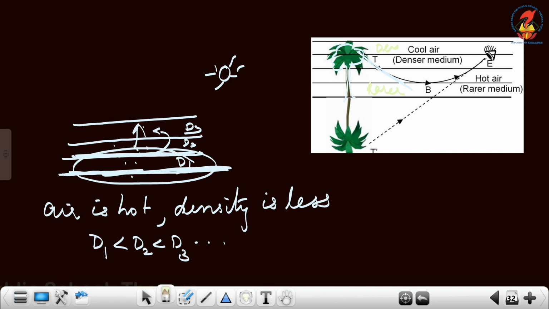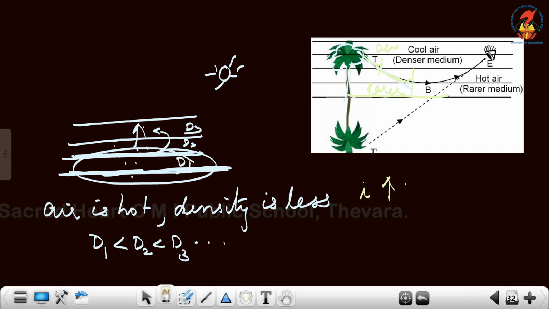What happens when light travels from a denser to a rarer medium? It bends away from the normal. So at each layer, the incident ray will be bending away from the normal, and as a result, the angle of incidence, this angle, will be comparatively less than this angle.